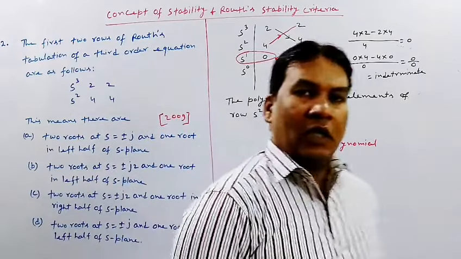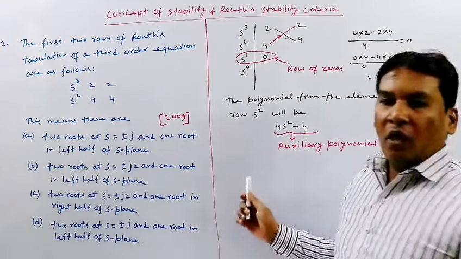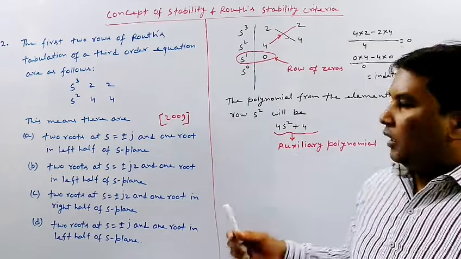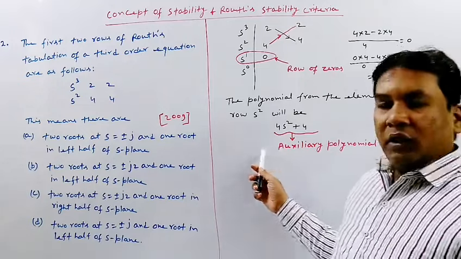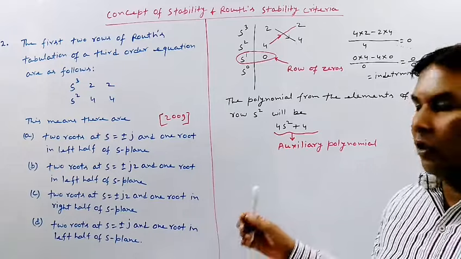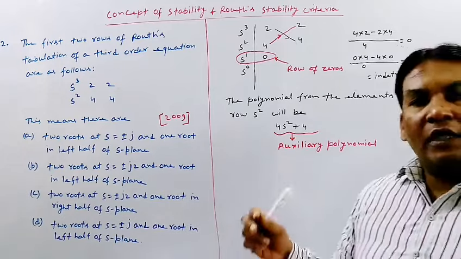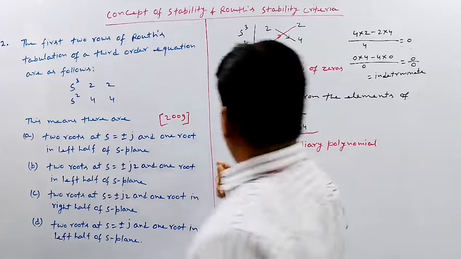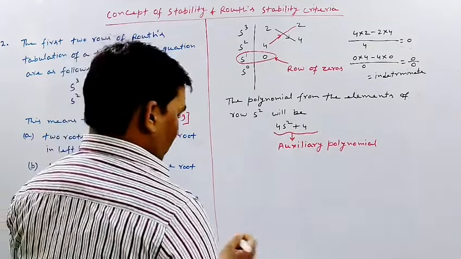Here one thing you have to notice, that the auxiliary polynomial always remains in even order. It never remains in odd order. Means the degree of the auxiliary polynomial is only even. So let me write this point also.